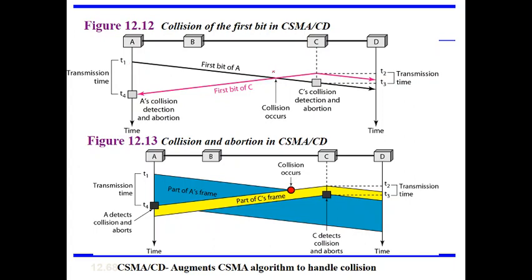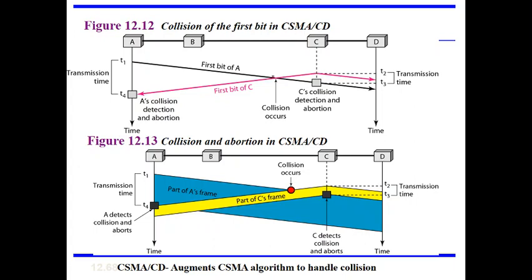Now at time t2, which is after t1, C did not receive the first bit of A because of propagation delay. At this time, C finds the medium is idle, so it starts transmitting the frame.